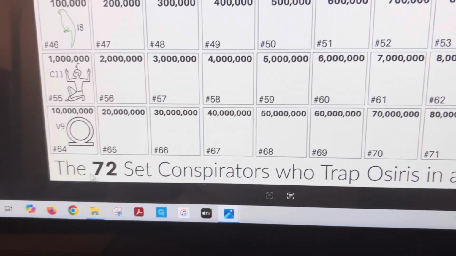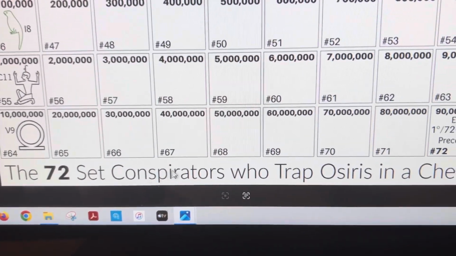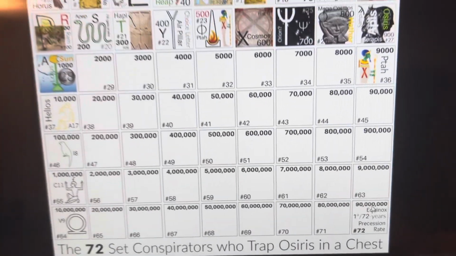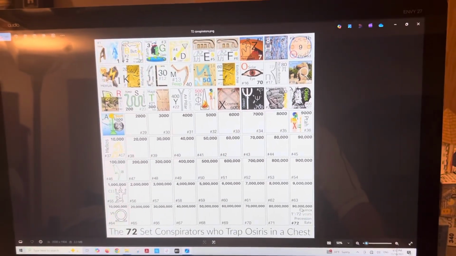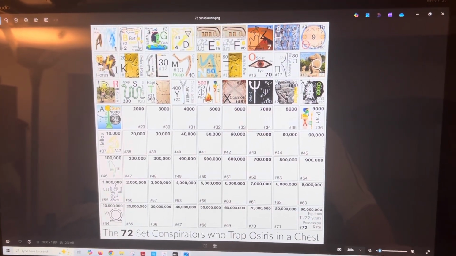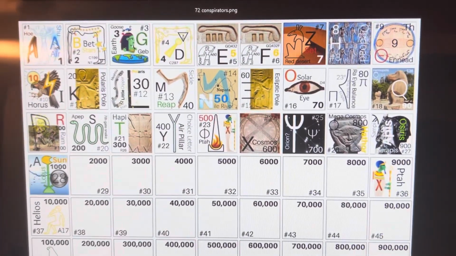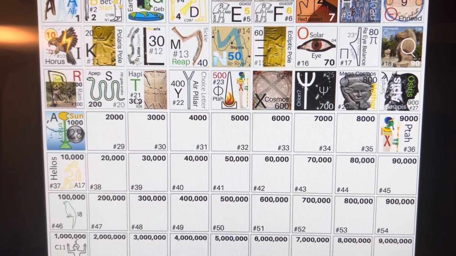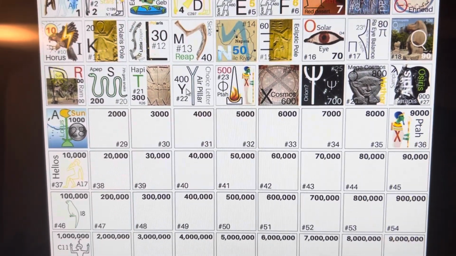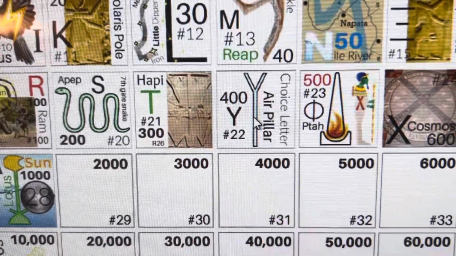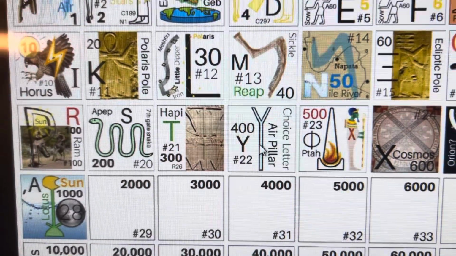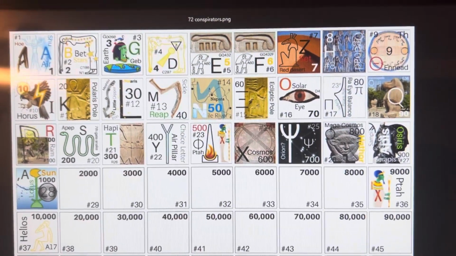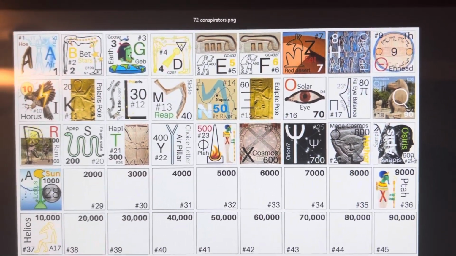And this is found in the myth that Osiris gets trapped by 72 conspirators in a chest. This is the end of the cycle of the so-called equinox precession table. And this is where the alphabet came from, or the Phoenician alphabet came from the first 22 stoicheia, which goes up to here, the earth support pillar, and then the Greek alphabet ended up going to 27 stoicheia, which makes numbers up to 900.